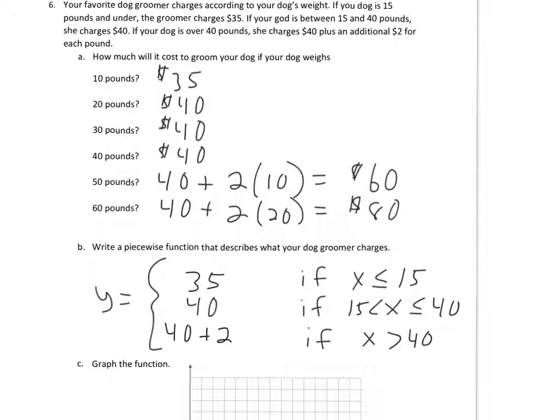So if x is the total pounds, you take x minus 40 would give you the additional number of pounds above and beyond the 40 pounds. So for example, if the dog weighed 60 pounds, then x would be 60. 60 minus 40 would be 20, which is exactly what we used right here.